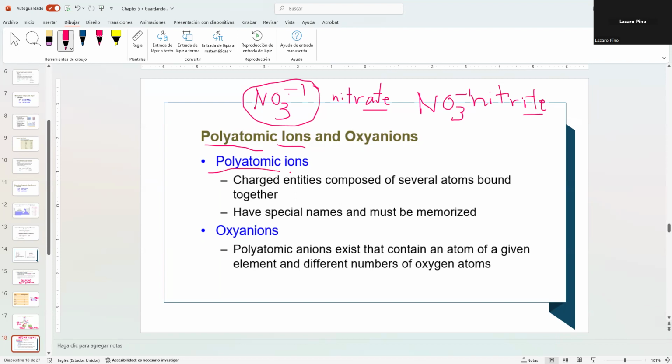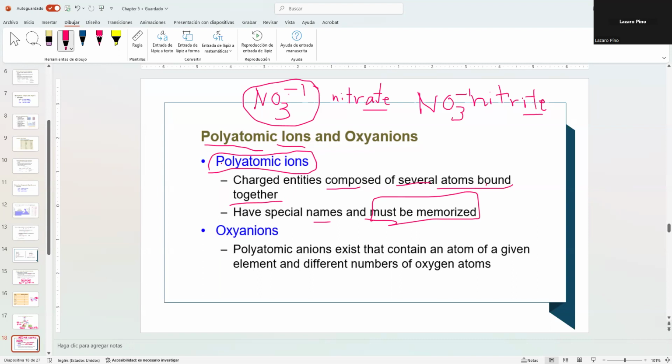Polyatomic ions are the ones that are composed of several atoms bound together to make an entity. They have names and must be memorized. In my case, I'm not going to oblige you to memorize. I'm going to give you a table, and you can use this table during the exercises.